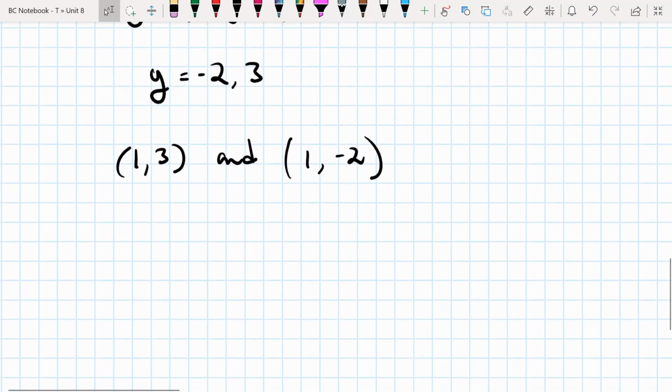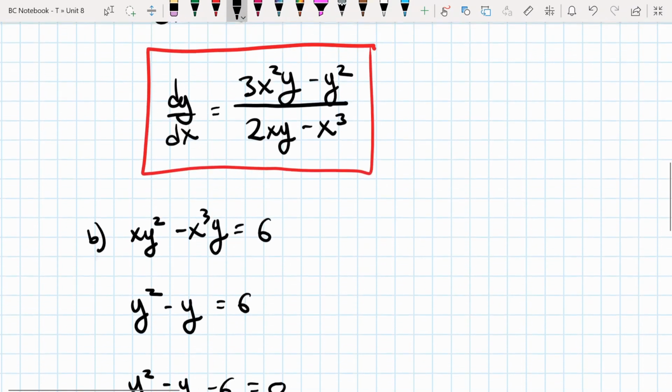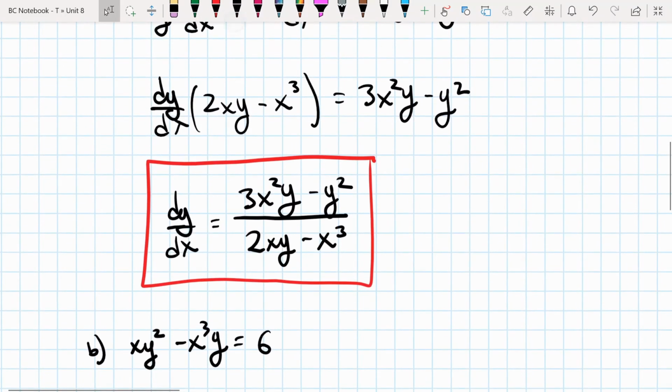Okay, so let's start with (1, 3). We want to find the equation of the tangent line for this coordinate point. And so we're going to evaluate the derivative at this point here. To do that, we're going to take the derivative that we just calculated up here, and plug in 1 for x and then 3 for y into this equation here.